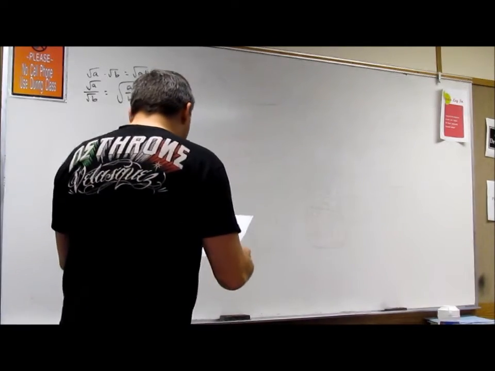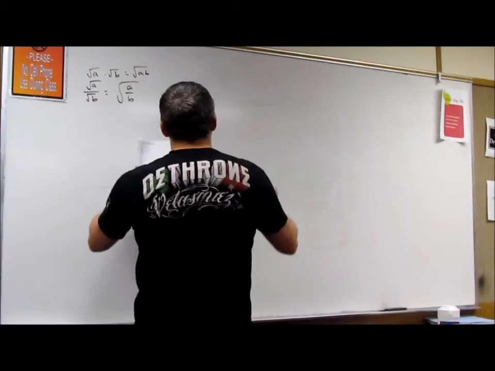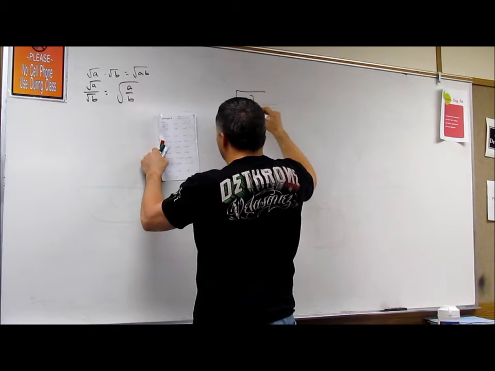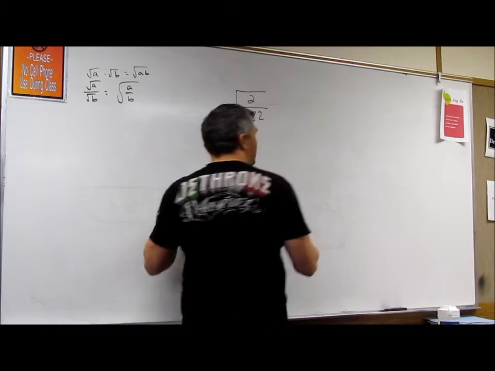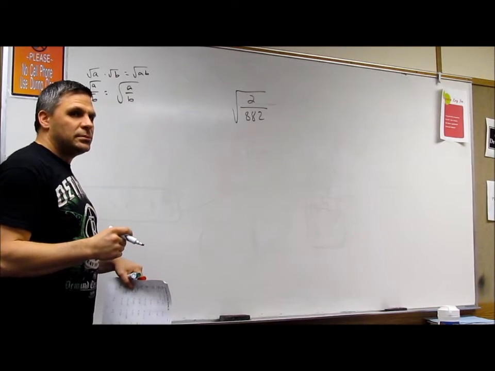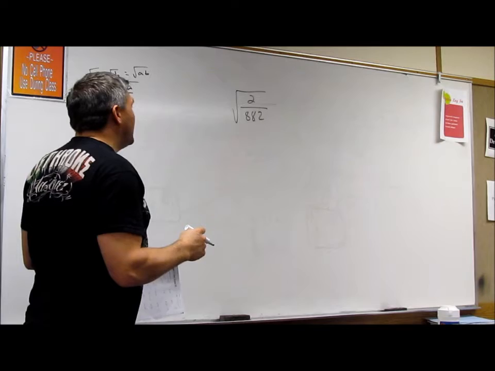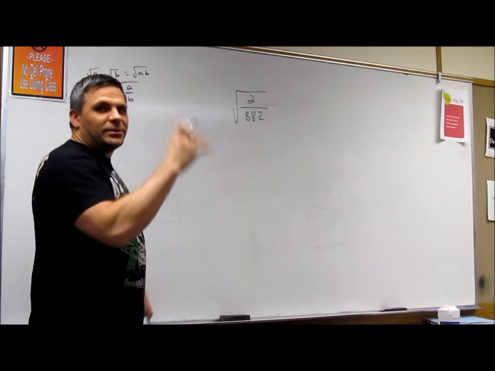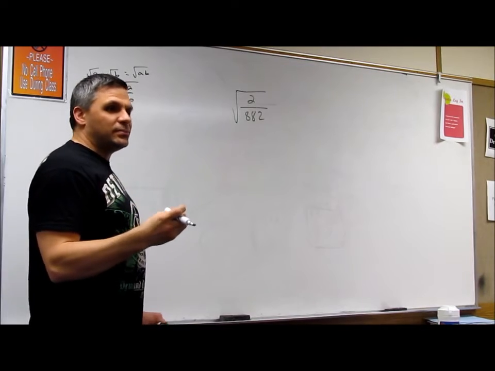Right? So, when I get something like this, the square root of 2 over 882, then what I really get is the square root of 2 over the square root of 882, right?